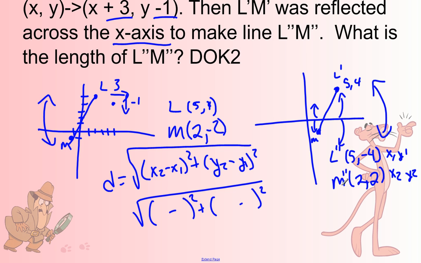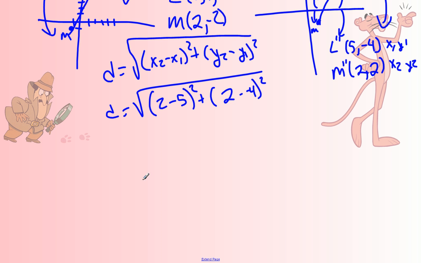We've got x2 is 2, x1 is 5, 2 minus 5, and then 2 minus -4. D equals the square root of (2 minus 5 is -3) squared plus (2 minus -4 is 6) squared.